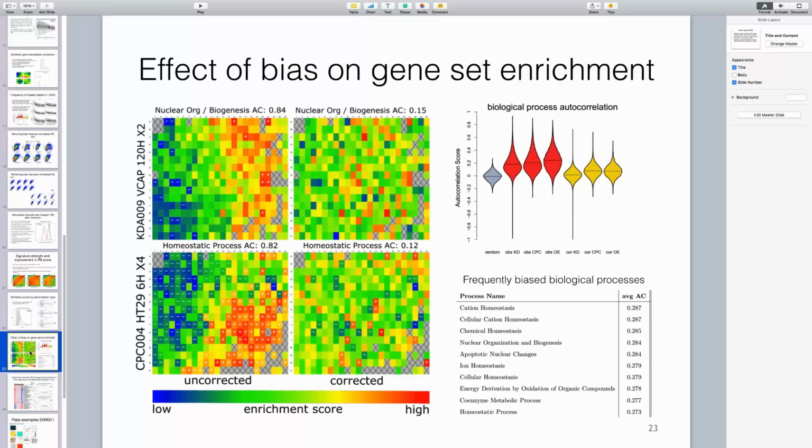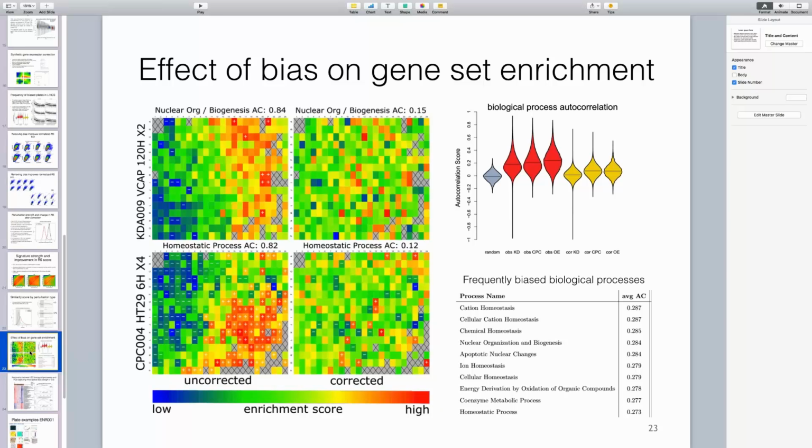If we look at this, this is just taking 2 example plates. These are just randomly selected. And then there are 2 biological processes that we look at. If there is a plus, it's a significant upregulation. And if there's a minus, it's a significant downregulation of the biological process.